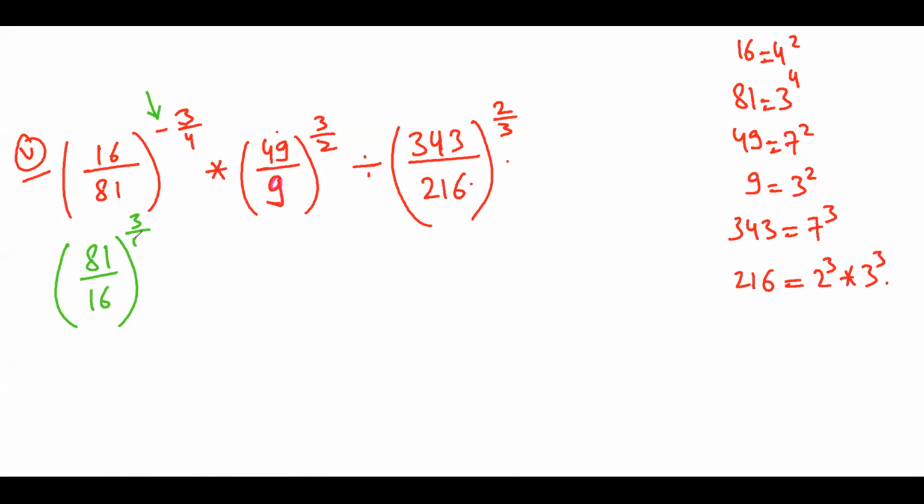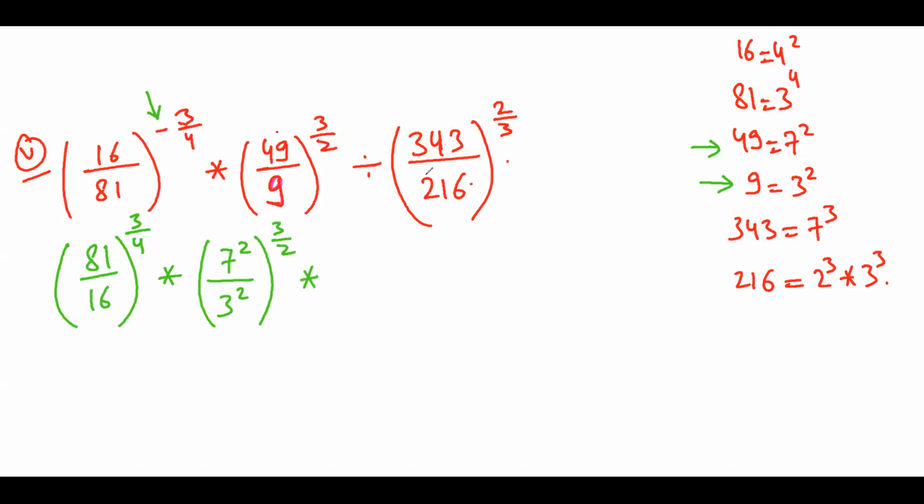Raised to power 3 by 4 into 49 can be written as 7 square. 9 can be written as 3 square. Whole power 3 by 2. Divide will be replaced by multiply.